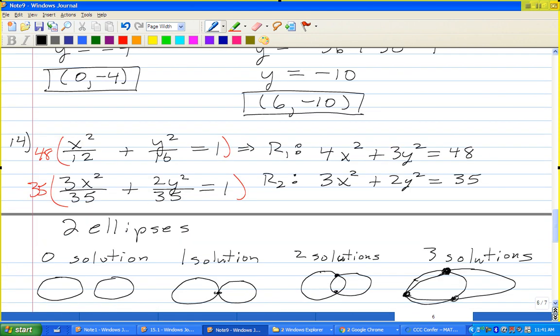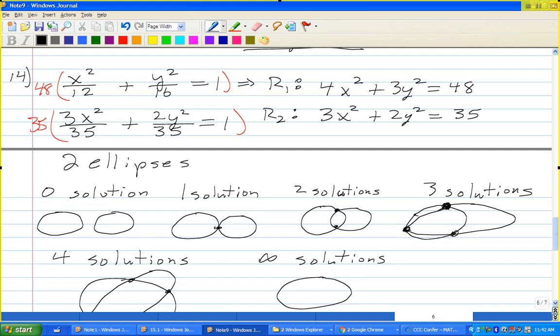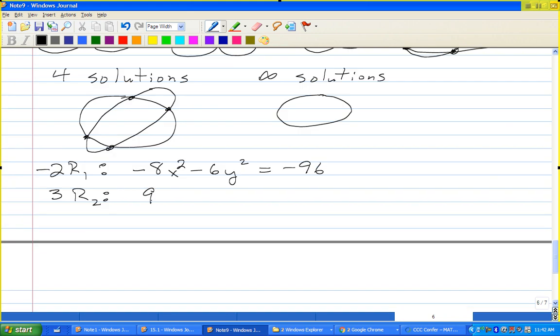And so if I do that, I get negative 8x squared minus 6y squared equals negative 96. And multiply the second equation by 3, so 9x squared plus 6y squared equals 105.